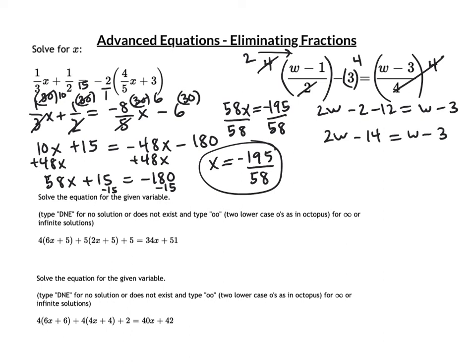Always simplify anytime you can. There are variables on both sides, so I'm going to take a w off each side. w minus 14 equals negative 3. Now I can add 14, and w will equal 11.